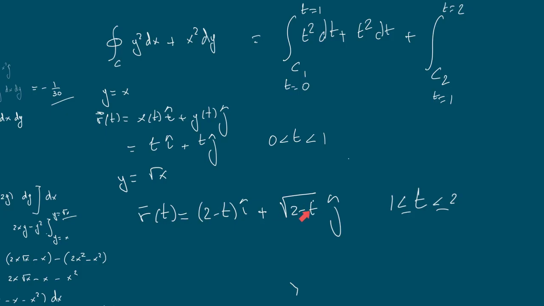It's a square root of 2 minus t. So y squared will be 2 minus t. Then dx: the x is 2 minus t, so dx is minus dt. Perfect.